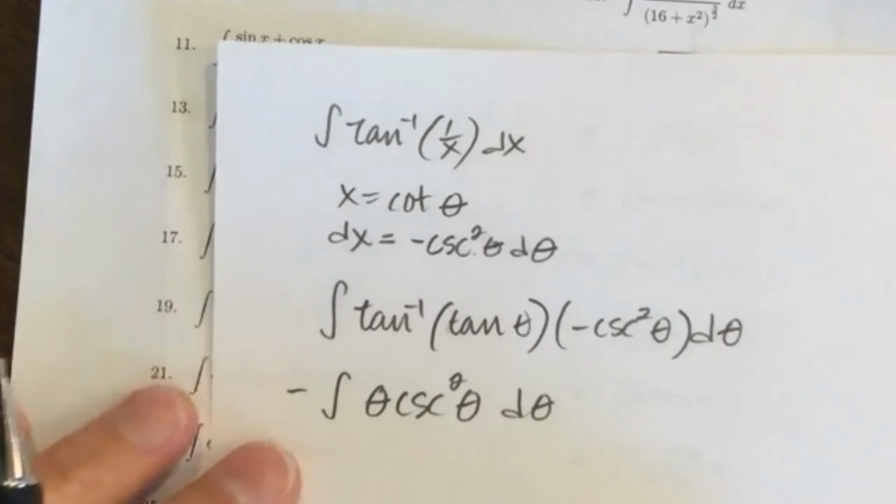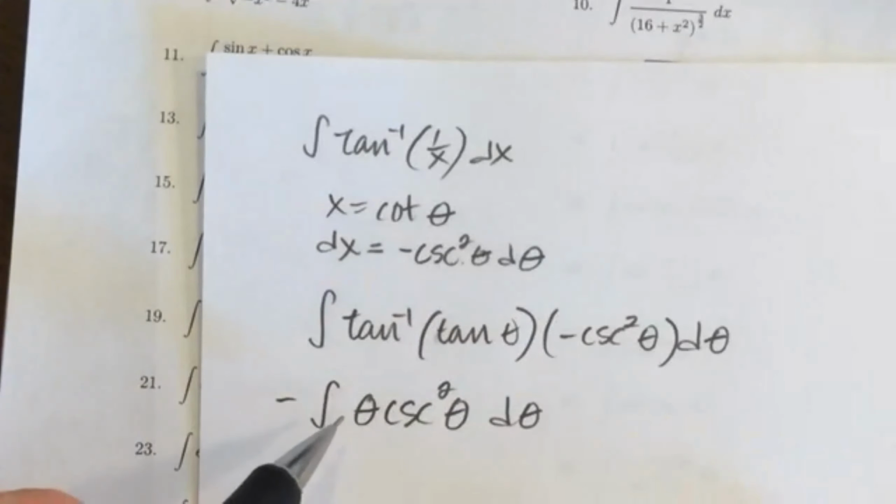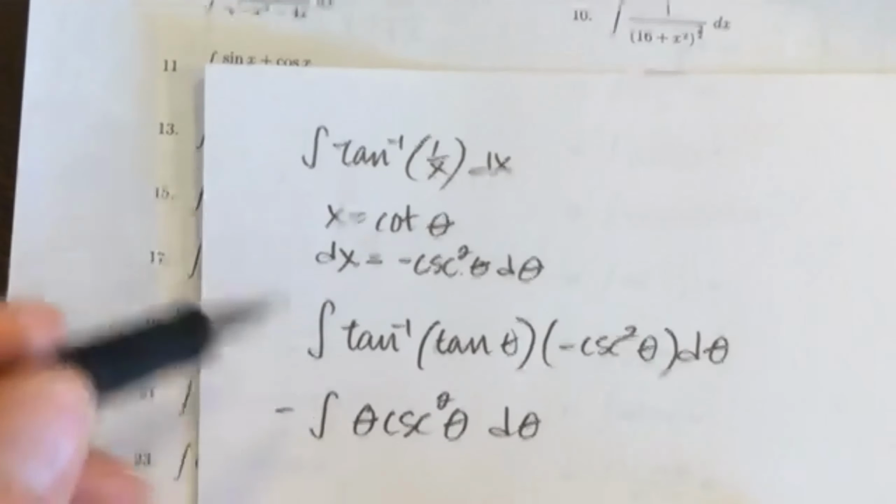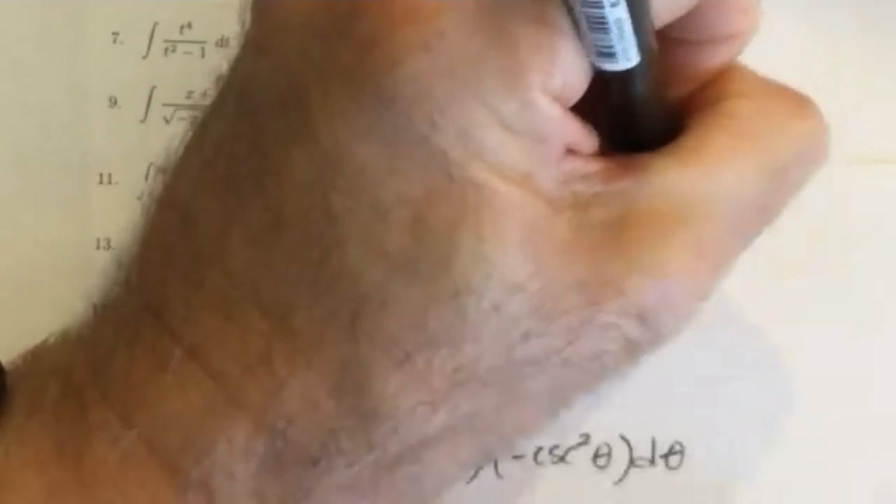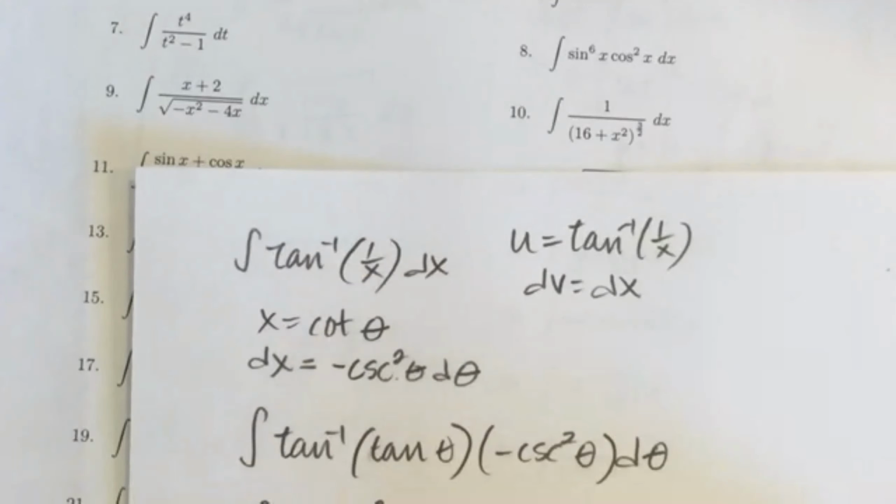Here's how I would have started this original. I wouldn't have thought about doing that. That was kind of clever. And now it's obviously parts, and now you have to keep going. If you start up here, I would have let u be the inverse tangent of 1 over x, and dv be dx. I would have tried to use parts in the first place.